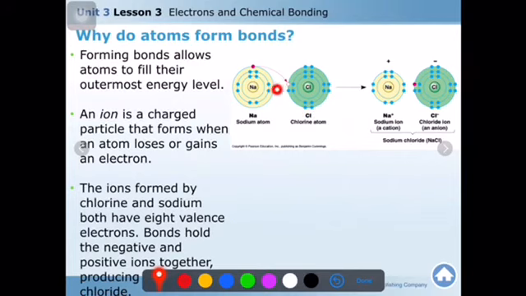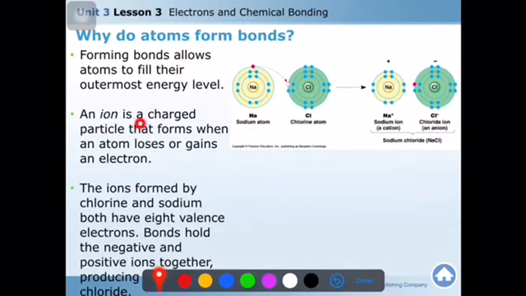That's why chlorine gets 1 electron, sodium loses 1 electron, and they make an ionic bond and become salt. That's why sodium is a positively charged ion. Now chlorine is a negatively charged ion because 1 electron is extra for chlorine, while 1 electron is missing from the sodium.